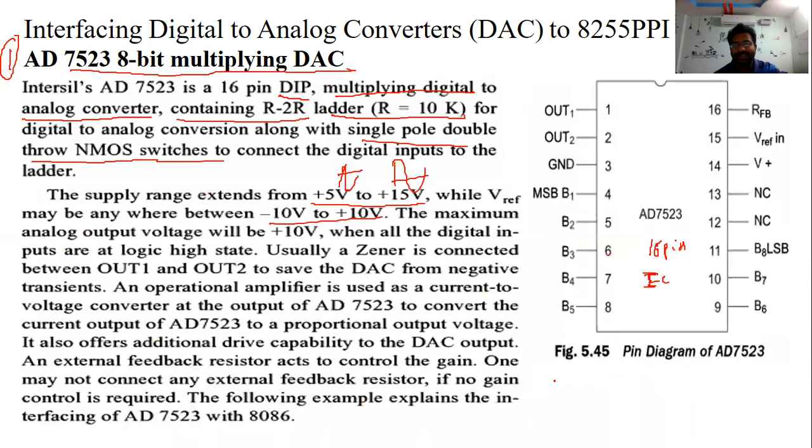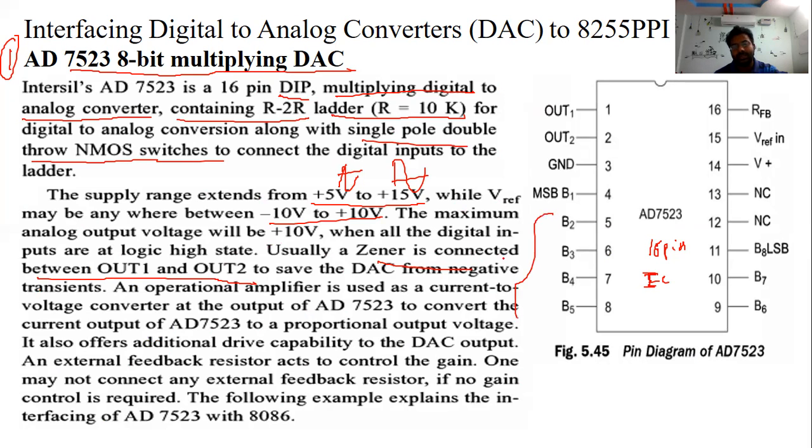I think you have already seen the pin diagram. See the bits here. Output one and output two give some positive to negative output. Between these you can add the output Zener diode.